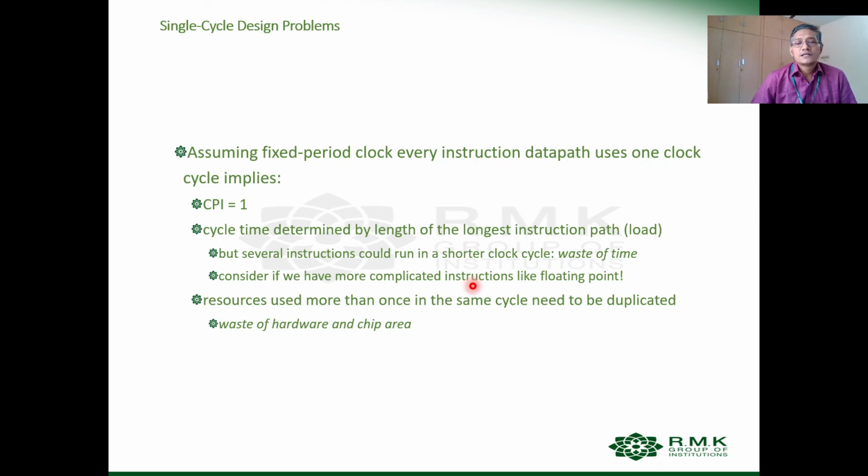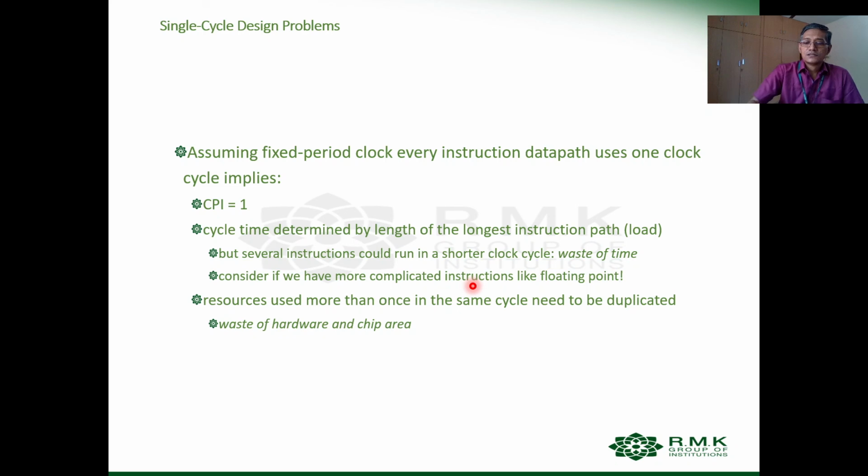So what is the disadvantage here? All other instructions complete in a shorter time, but they are allocated the time necessary for the load word instruction, so the portion of time not utilized by the other instructions is wasted. Resources are there, but we do not use them for that specific time because we are using a single cycle data path.